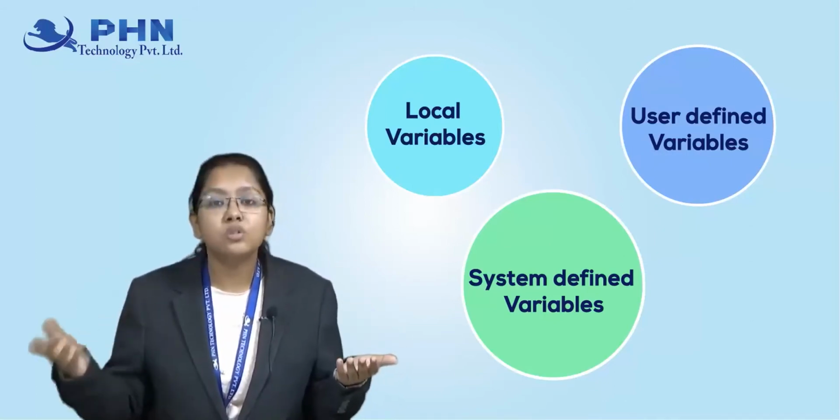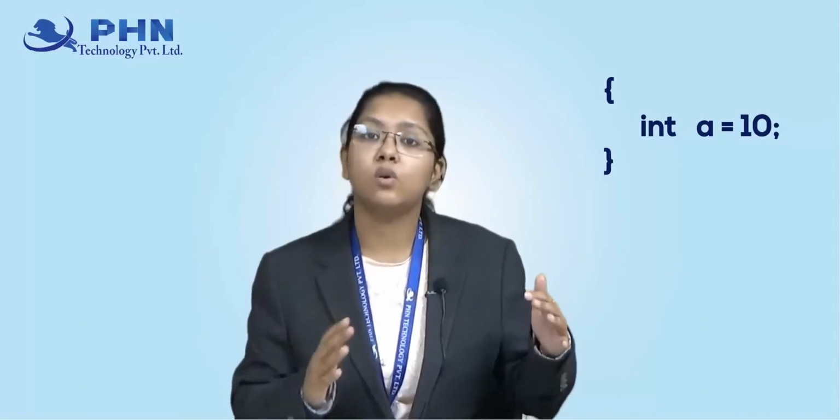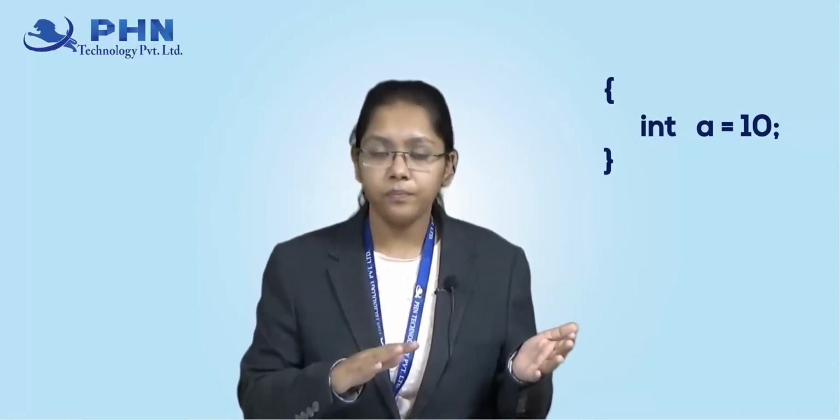Local variables and user variables are one and the same, but in a local variable what happens? Let's say in a code we have given int a is equal to 10, and after giving that I have ended the bracket. Now what happened? Till the bracket is there, till the scope is there, the local variable will stand, right?